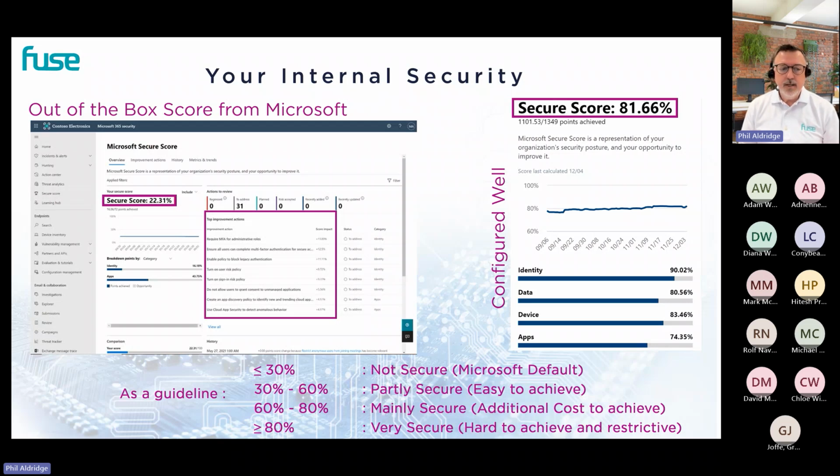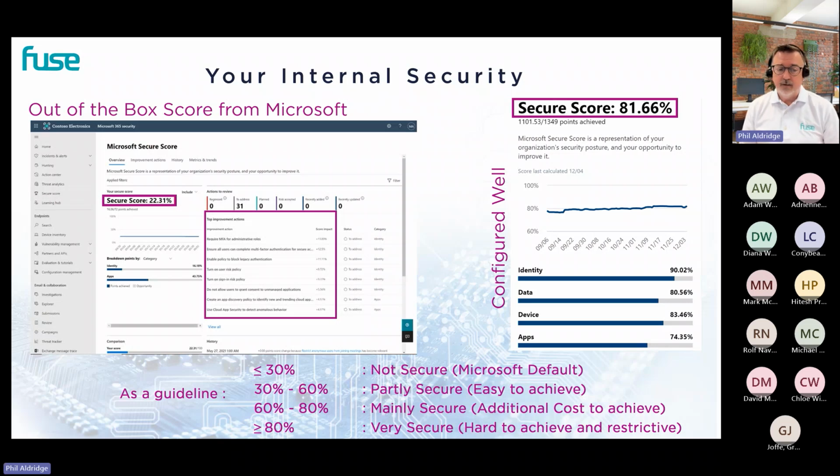So you need to make sure, and there's a screen in the admin for your Microsoft tenant that you can go into, find the secure score. You can look at this and go, are we remotely secure or not? And if not, get someone to come in and help you work out what needs to be done.